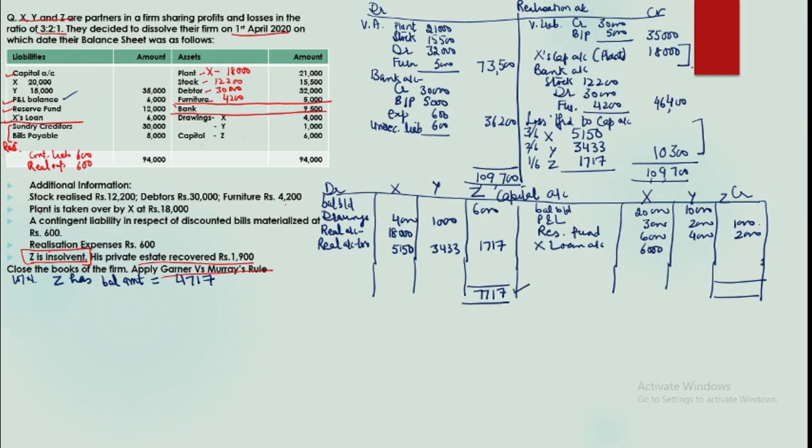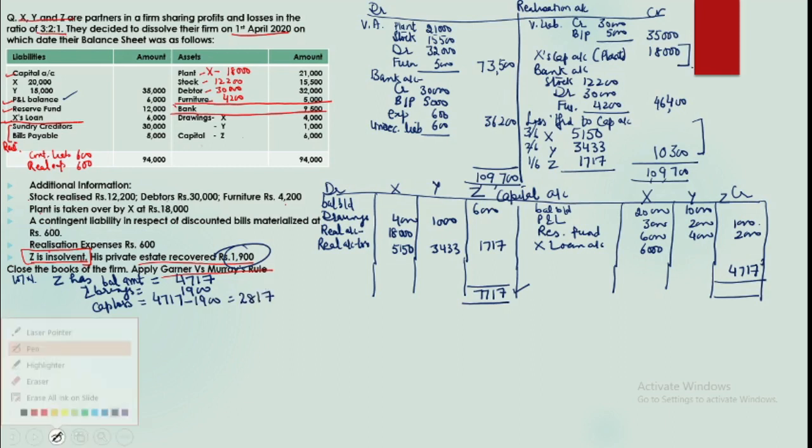So his difference is 4,717, and technically he is to bring this much money, but he cannot bring it because we are given he can bring only 1,900. So Z brings in 1,900, which implies the capital loss arising on account of his insolvency is the amount that he cannot bring. That means 2,817. So this is his capital loss.